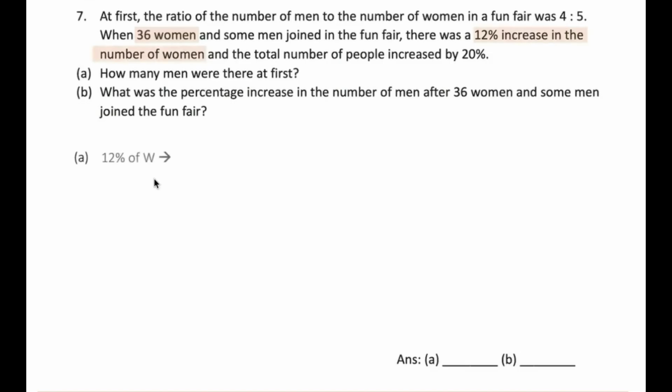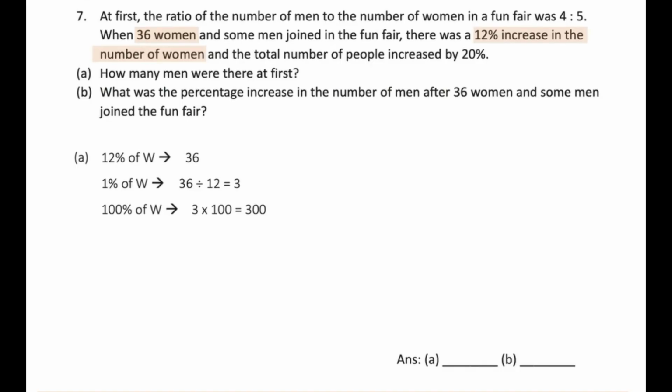You find 1% of the women, then you can find 100% of the women. So 300, which is 100% of women, represents all the women at the fun fair. So there are 300 women at the fun fair.